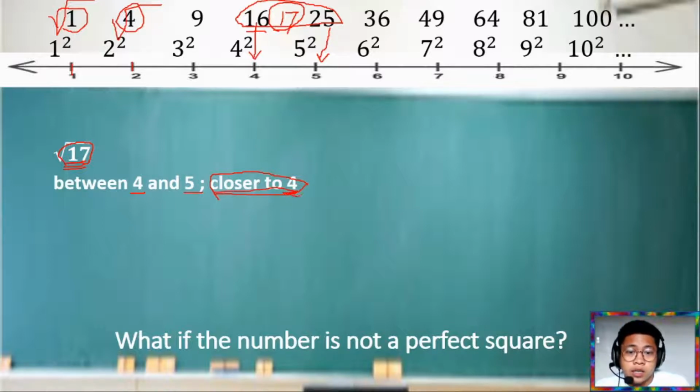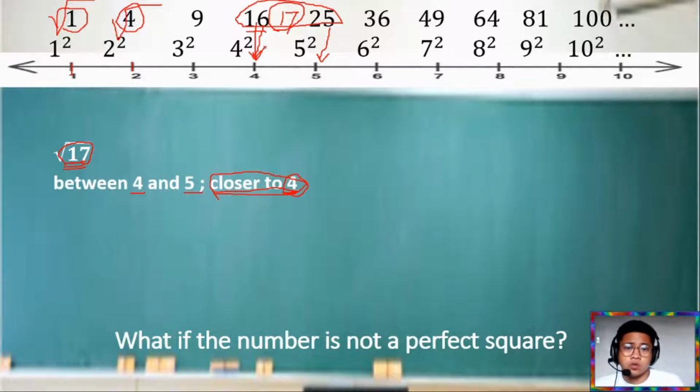Bakit 4? Si 4 lang naman po ang square root ng ating 16. So that's why I conclude that the square root of 17 is closer to 4. But then again, it is between 4 and 5.